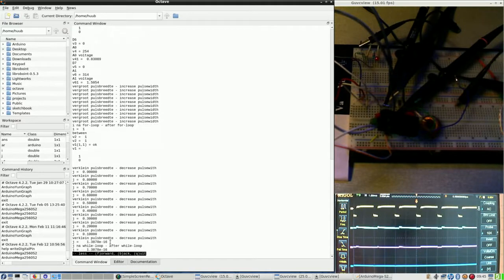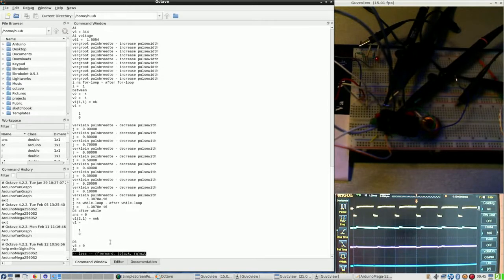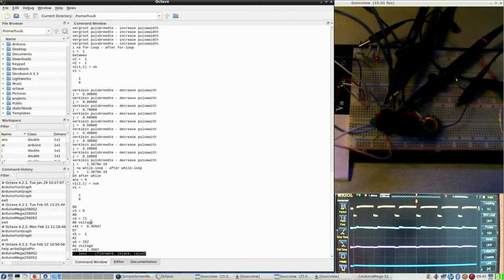1 is okay again. Not okay again, and voltage. 72 against 0.4. 262 against 1.4. 1.5 rounded.